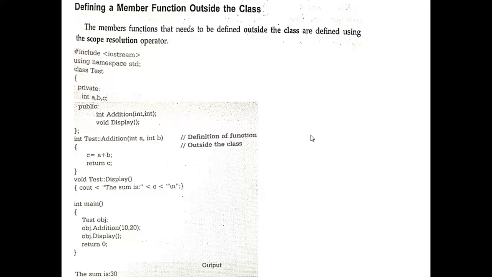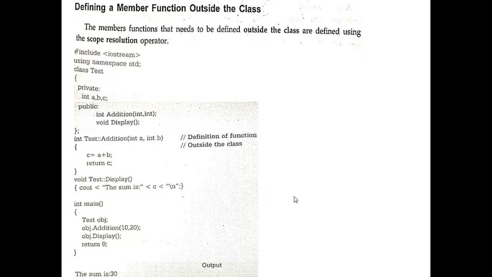Afterwards, we are using the scope resolution operator, which denotes that in the class test the addition function is present or declared. Then we are writing the function name, that is addition.